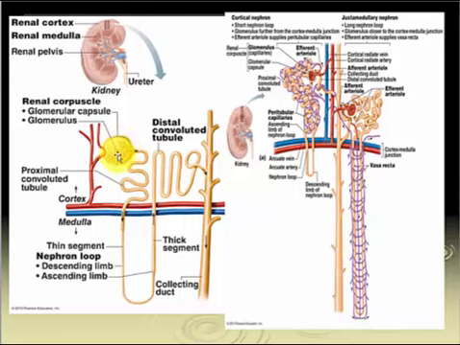So we're forming filtrate in this glomerulus, and immediately after we enter the proximal convoluted tubule, which I've said more than once in video and in lecture, that this is the primary site of most reabsorption. Reabsorption can occur anywhere in this nephron process, as well as secretion, but the primary site, again, is the PCT.